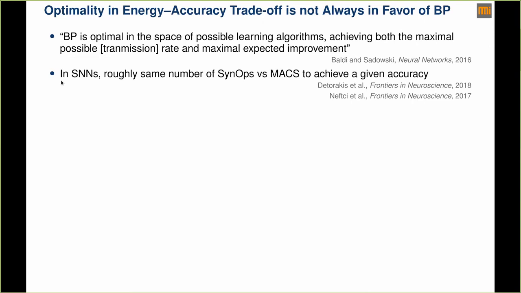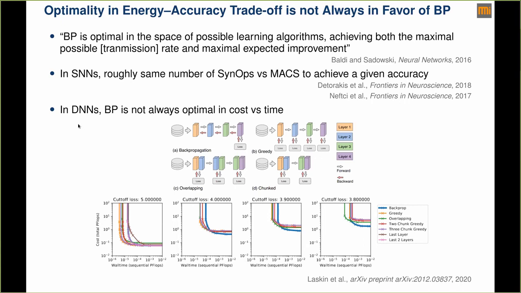And interestingly, there's some more work that's been done. This is slightly different, but also very revealing, from the group of Pieter Abbeel at Berkeley, where they are breaking down the backpropagation into multiple blocks. In this case, the greedy learning corresponds to the local losses that I told you about earlier, but you can also chunk these. And what they find is that it's not in all cases.